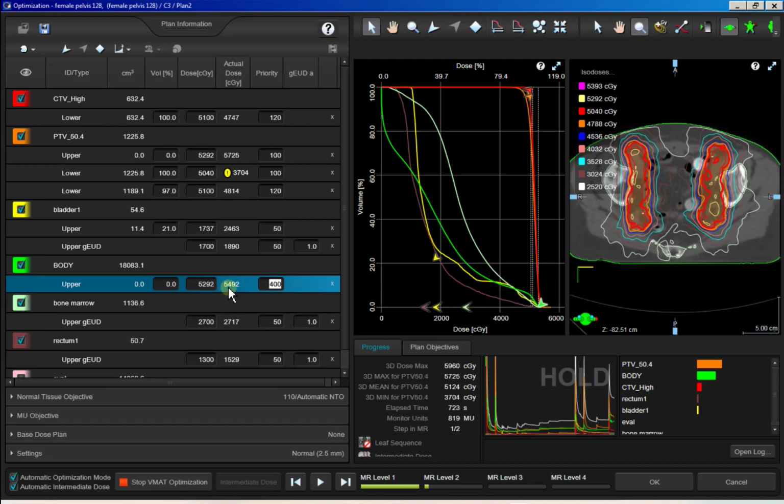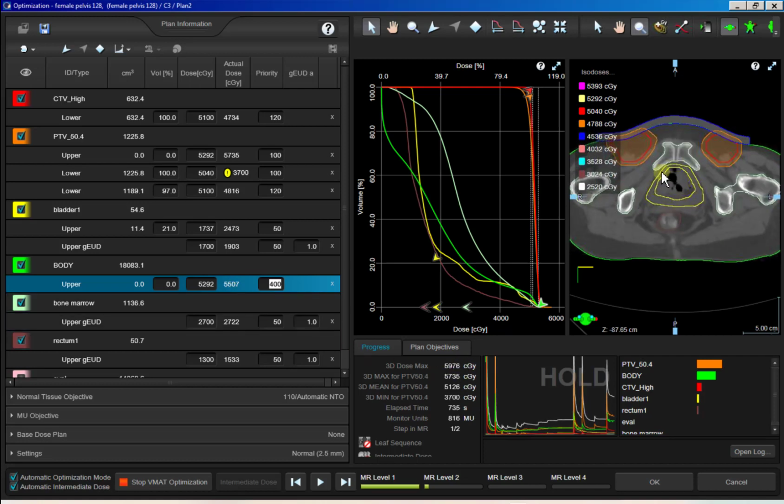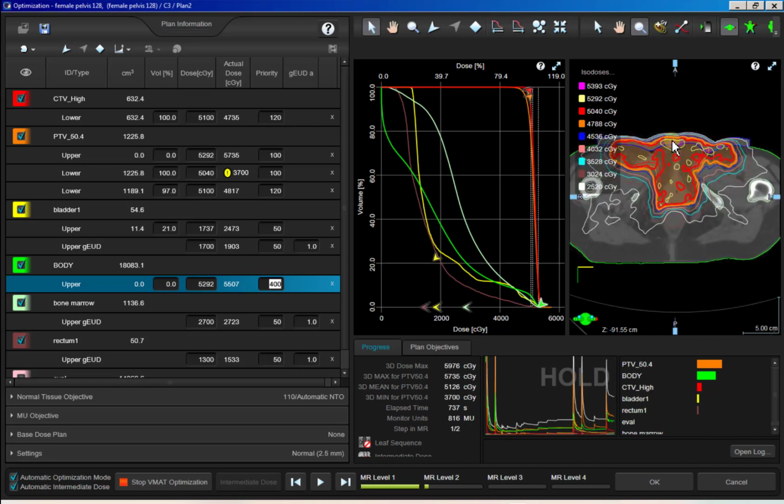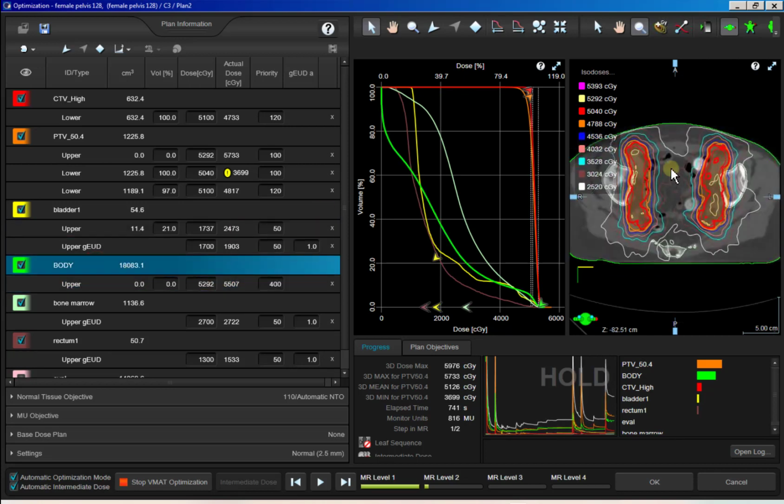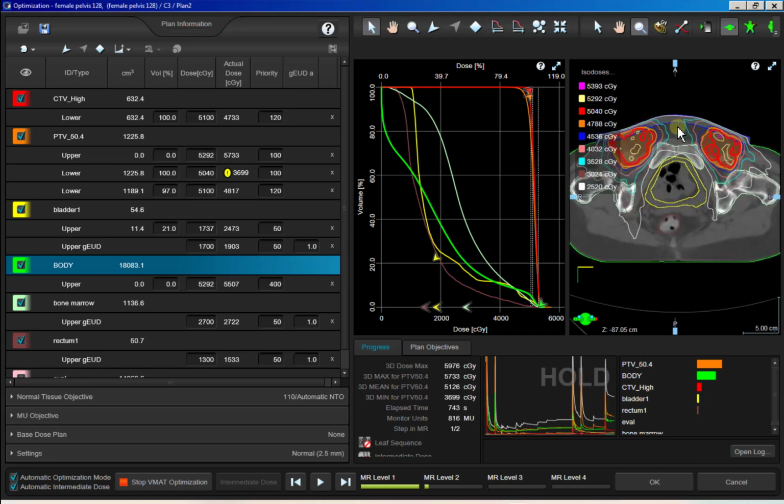But look at this. So our hotspot on our body is only 54, 5500. Okay. Which is still higher than we would want it to be. But our max dose is almost 6,000. But the problem with this plan is we added bolus. So this constraint is not going to work in our bolus, obviously, right?